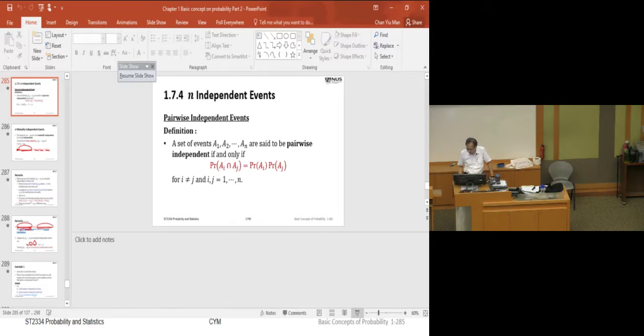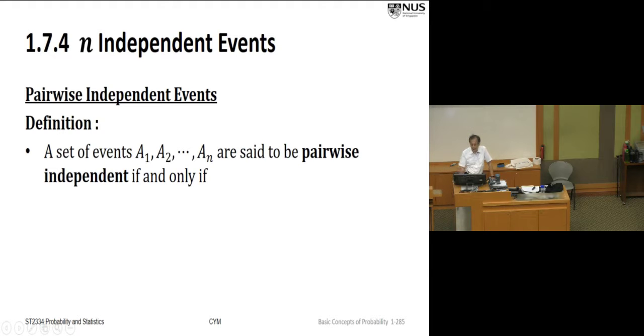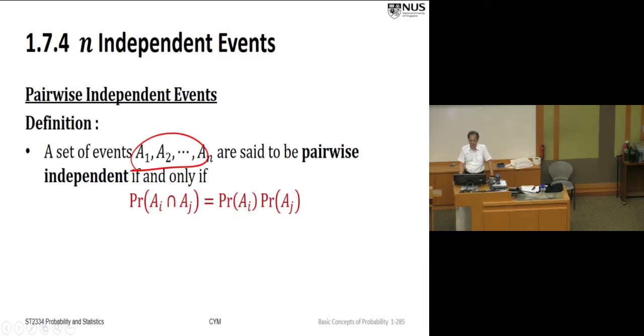In this case, any two out of the n events are independent. In other words, the probability of Ai intersect Aj, Ai and Aj occurring together, is equal to the product of the two probabilities, probability of Ai occurs and probability of Aj occurs. So this is called pairwise independent.